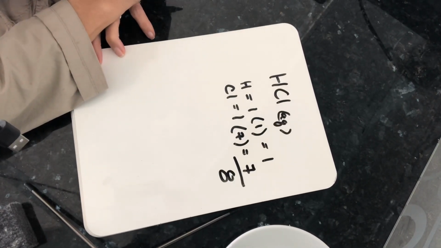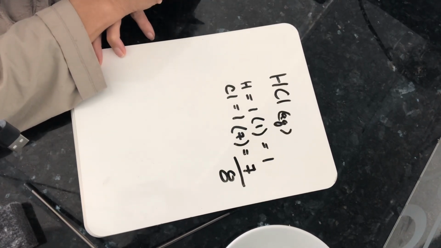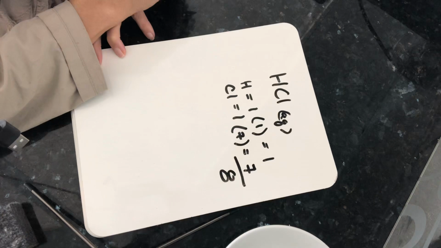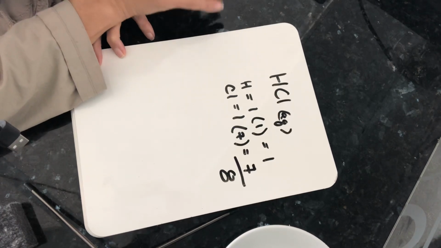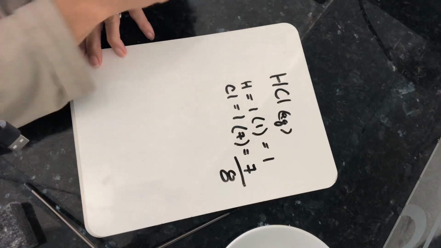So the next step says we're going to create a skeleton. If carbon is present, we start with it. If carbon isn't present, we start with the least electronegative element, which is hydrogen. But then the rule says you never begin with hydrogen. So we're going to start with chlorine. What that means is we'll draw that symbol first, and we'll attach everything to it.